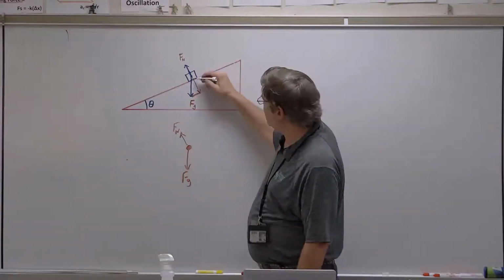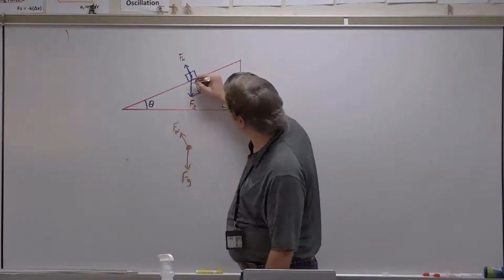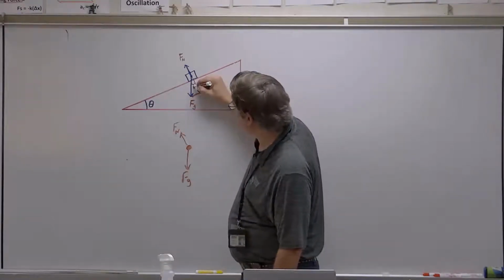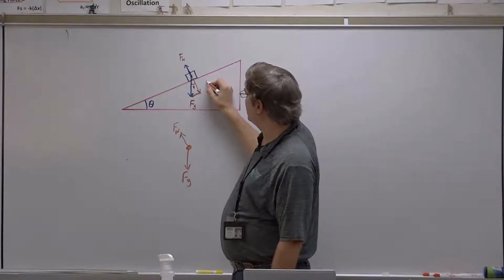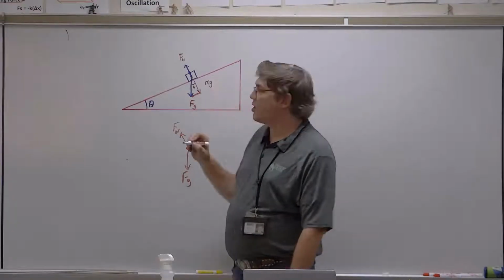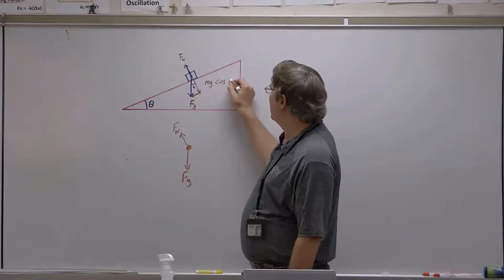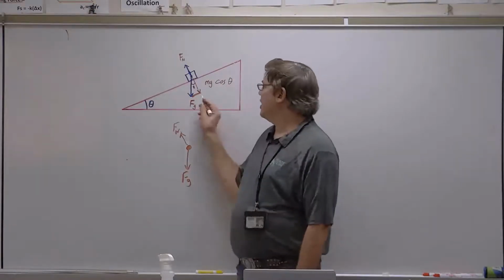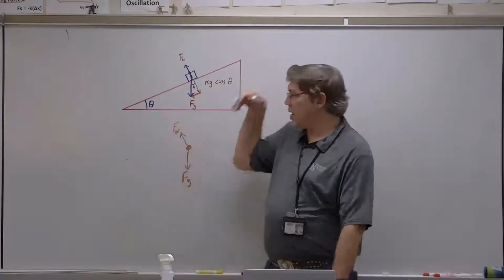And since it is an adjacent side, if you look at this as being angle theta, then this also is angle theta. It's the adjacent side, so it's going to be equal to mg, the force of gravity, times the cosine of theta.